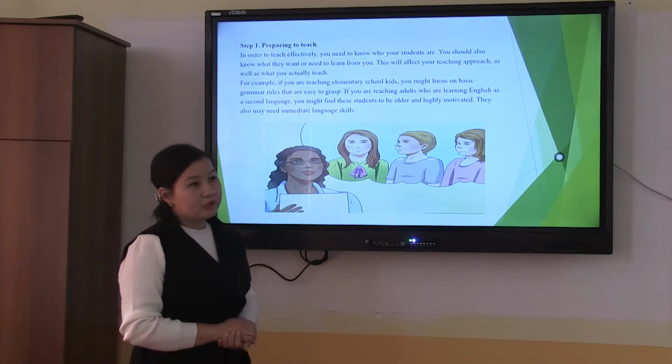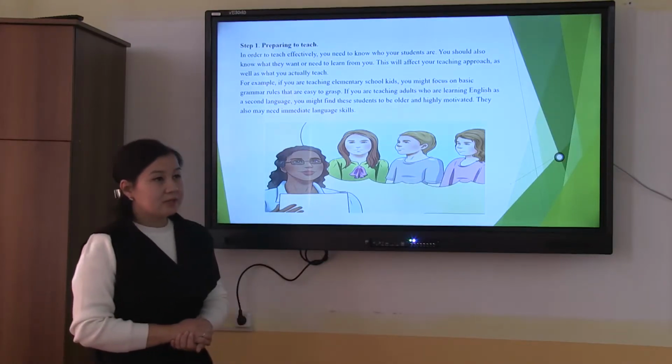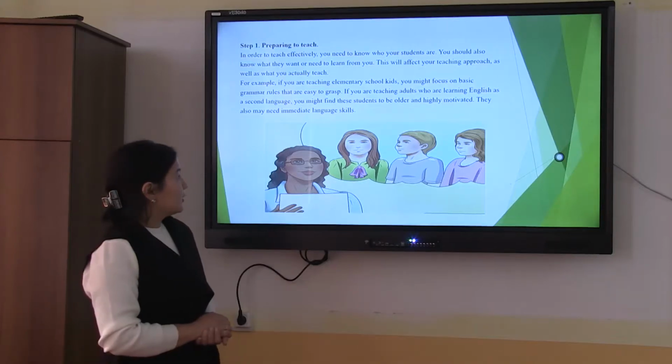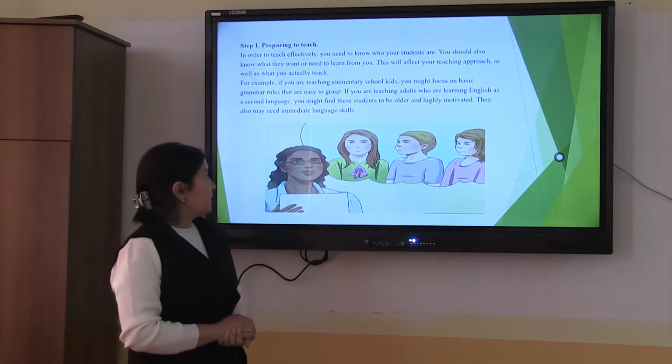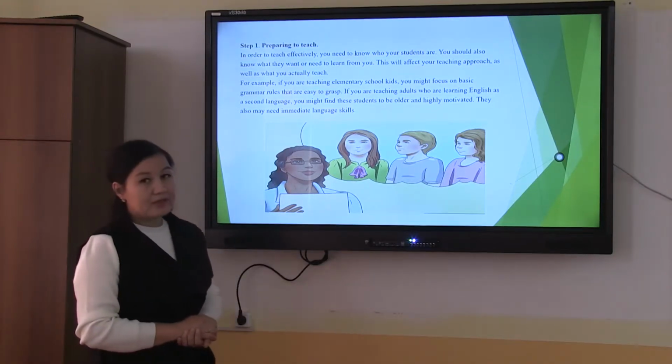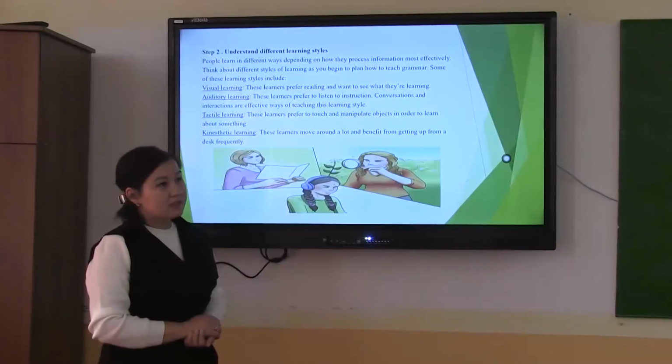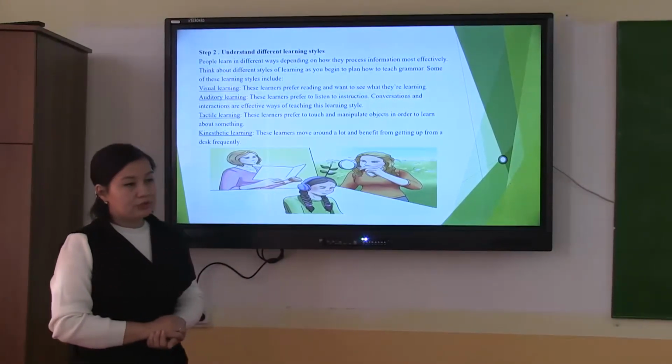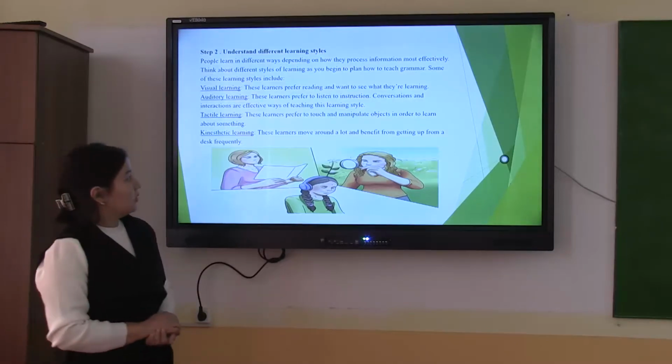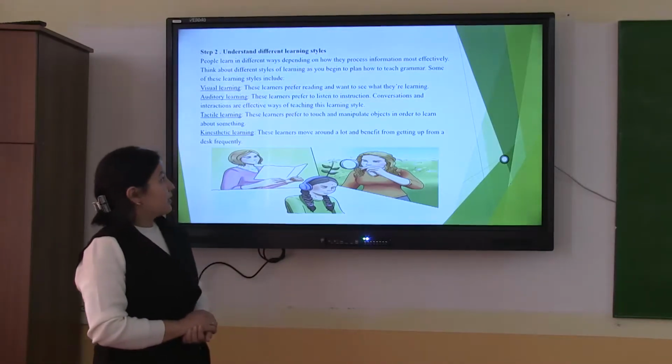And if your learners are adults, they can be more motivated and they might need immediate language skills. It depends on how the student or learner processes the information in the most effective way.